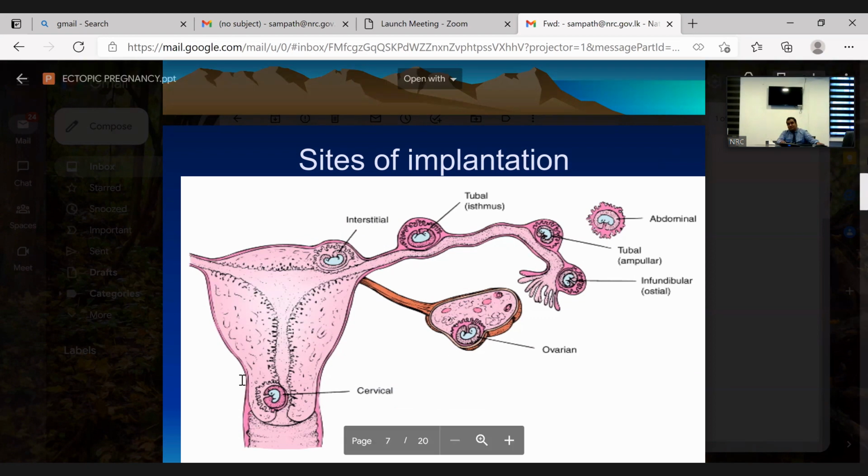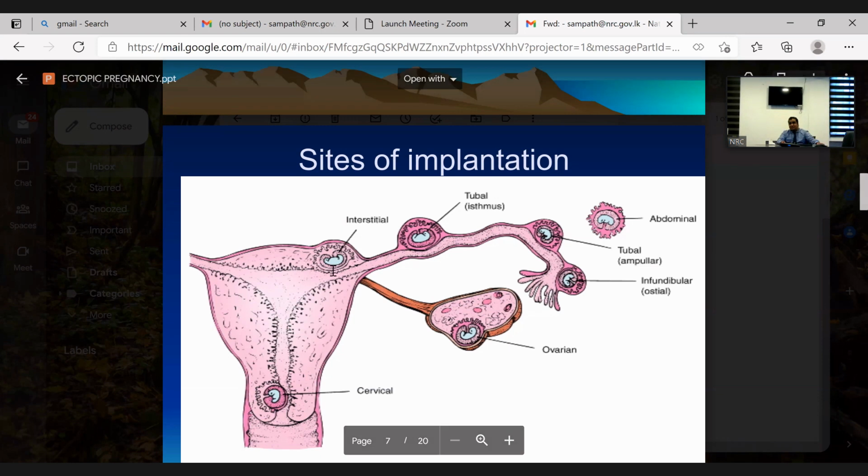So cervical ectopic pregnancy, at the moment there's a patient in Castle Street. You have all seen. They are monitoring, and now they are giving methotrexate, because the treatment for cervical ectopic is to remove this part of the uterus, or the top part of the uterus. If the woman is pregnant for the first time, that is not possible. So we need to kill the fetus and trophoblastic tissue by giving methotrexate.